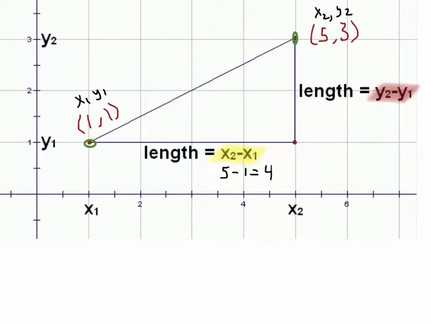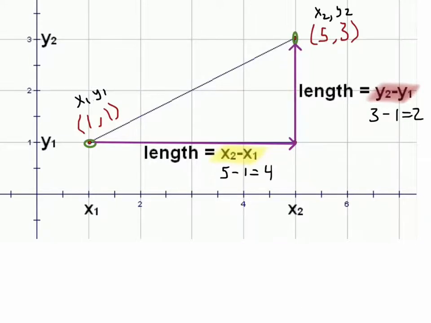And the length for the y's would be 3 minus 1, which equals 2. Also, let's count this. From here, it goes 1, 2, 3, 4. And from here, 1, 2.